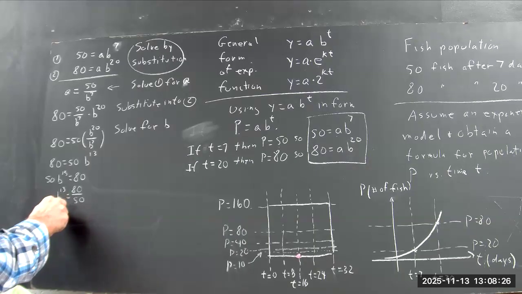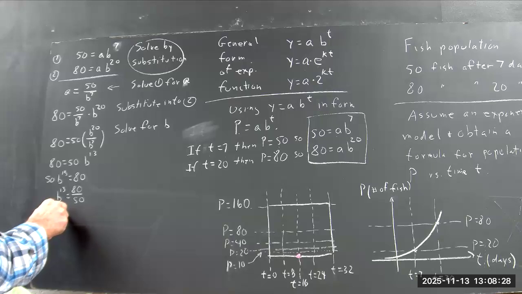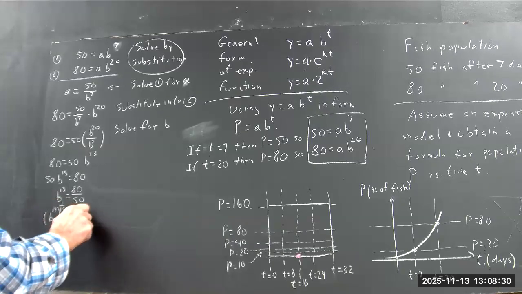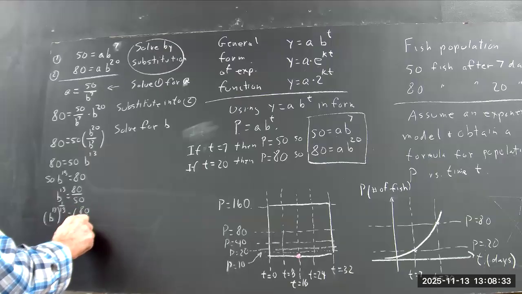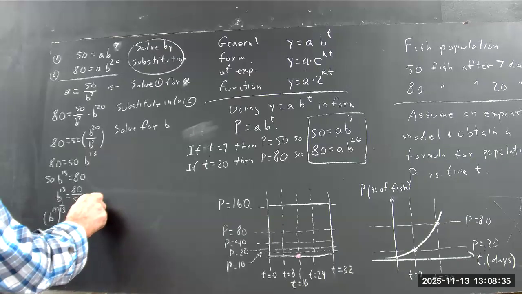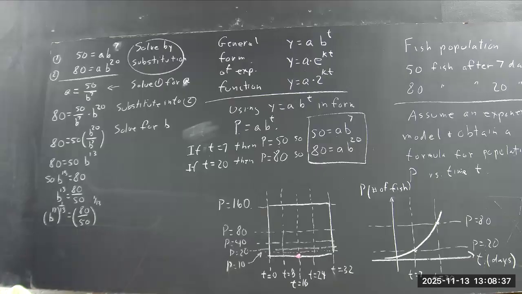Then B to the 13th, raised to the 1/13th power, equals 80 over 50 to the 1/13th power.